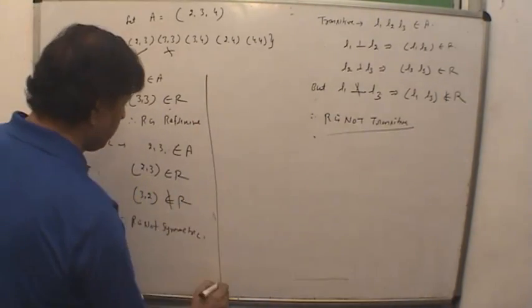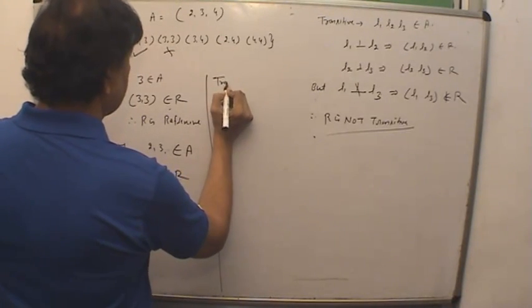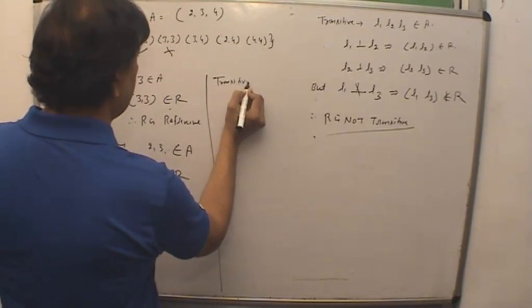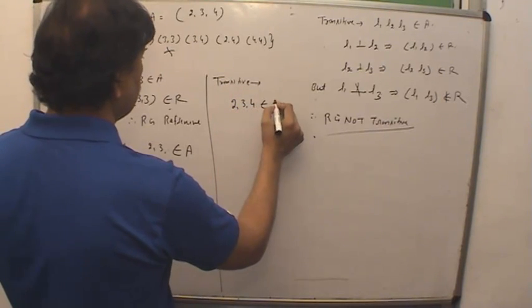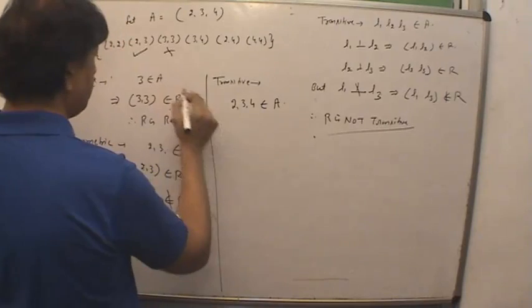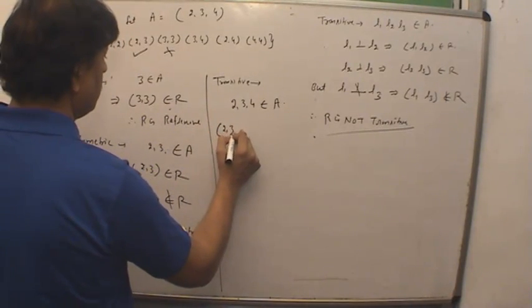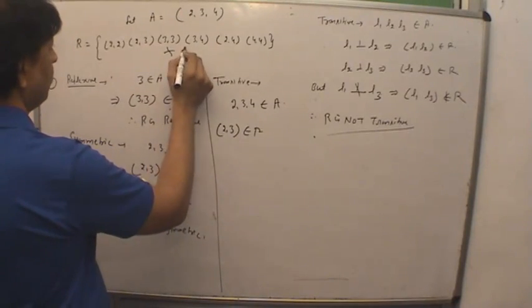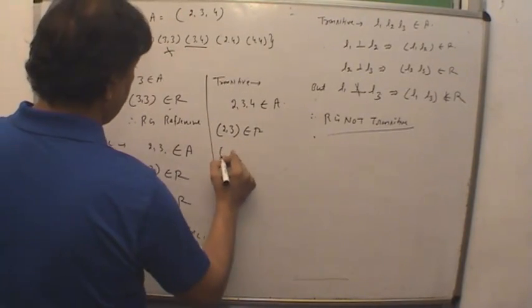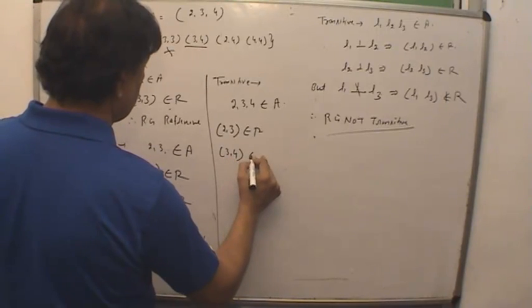And what about the transitive? Here we see transitive. 3 members, 2, 3, 4 belong to given set A. We see (2, 3) belongs to the relation, then (3, 4) belongs to the relation.